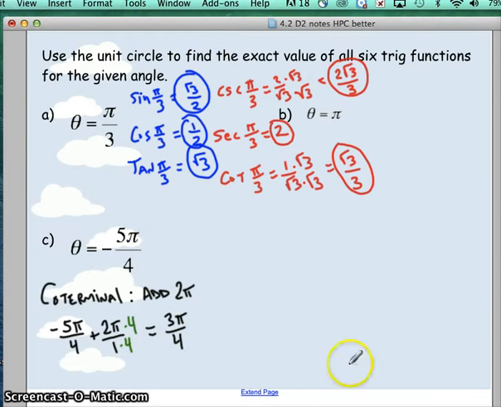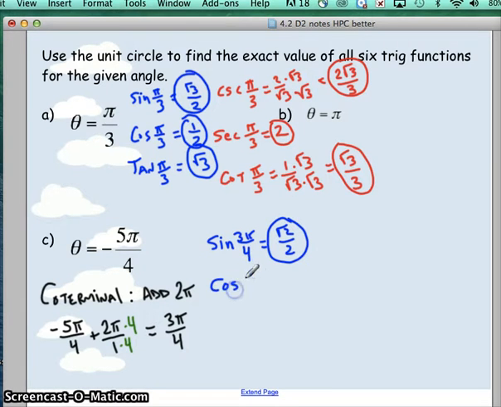So let's do sine of 3 pi over 4. Okay, go to 3 pi over 4 on your unit circle sheet. Sine is the second one listed, which is radical 2 over 2.